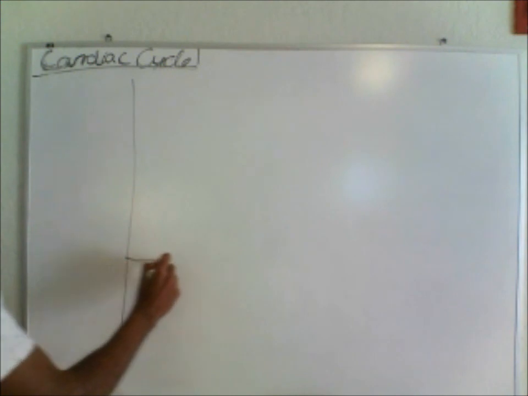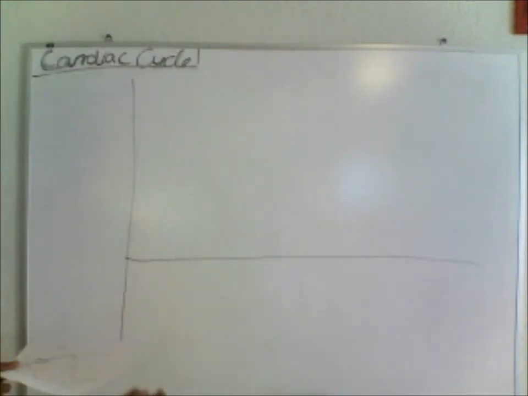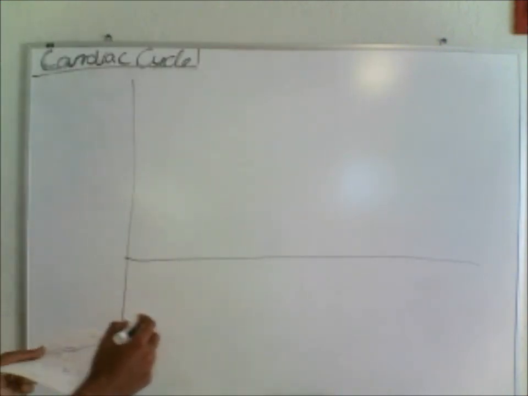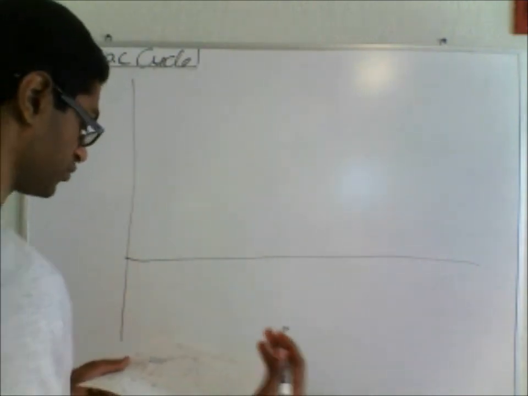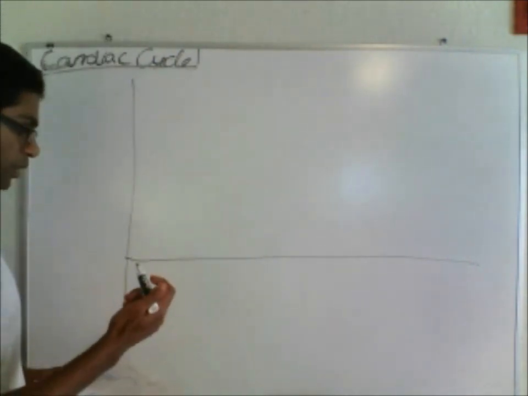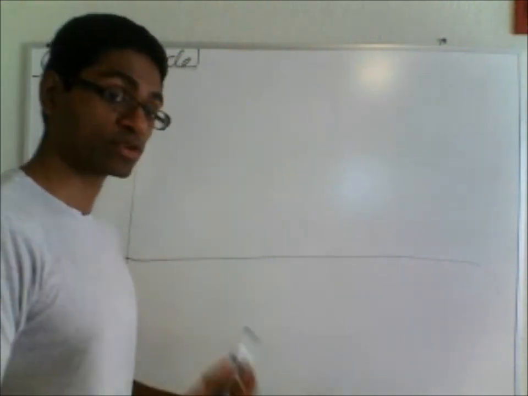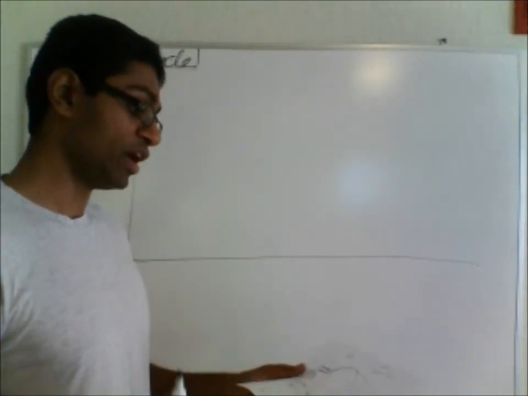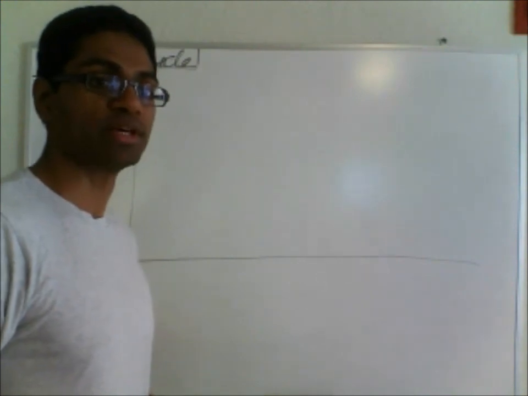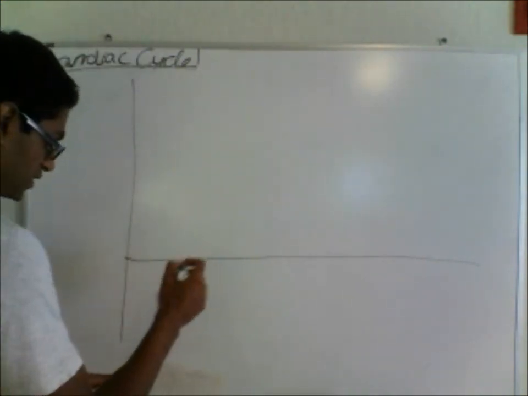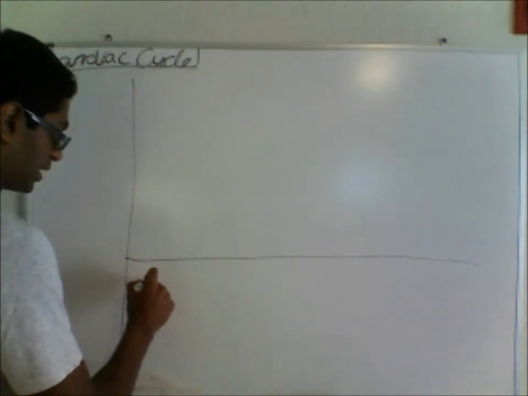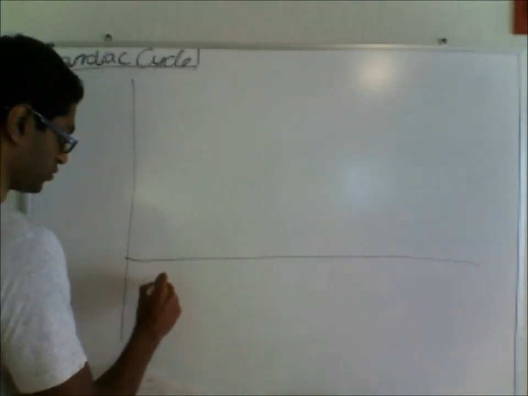X-axis, where I have my Y. Okay, and so first off, I'm going to start with the atrial pressures, and then from there we're going to go into what happens with the electrical impulse, what happens with the volume, and then what happens in the ventricles. All right, and so obviously the first thing, as we mentioned, was the atria.